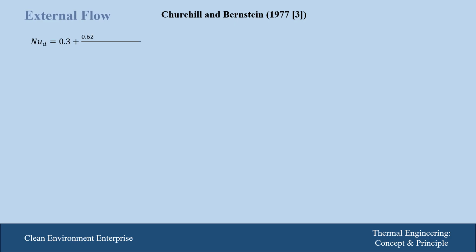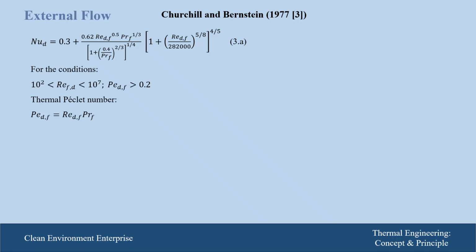He presented quite a complicated form of the Nusselt number in terms of Prandtl and Reynolds numbers, as shown in equation 3a, and this is applicable for the range where Reynolds number is greater than 100 and less than 10 to the power 7, with the Peclet number greater than 0.2.